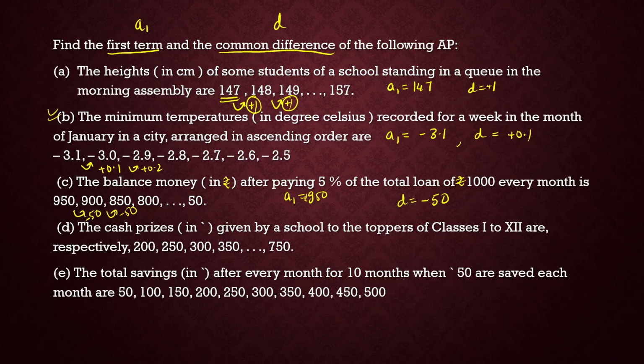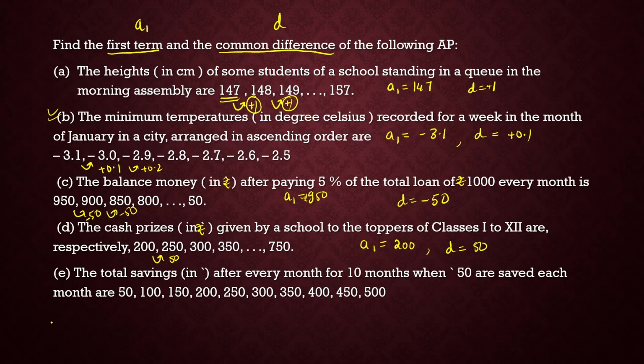Cash prizes in rupees given by a school to the toppers of class 1 to 12 are respectively 200, 250, 300, etc., up to 750. So here the first term is how much? The first term is rupees 200. Now the common difference. If you observe here, for each term I am adding 50. So the common difference here is rupees 50.